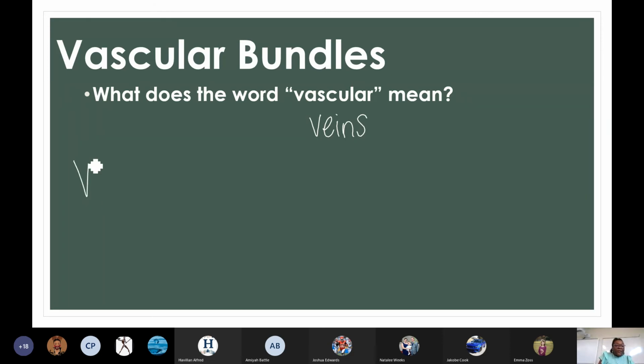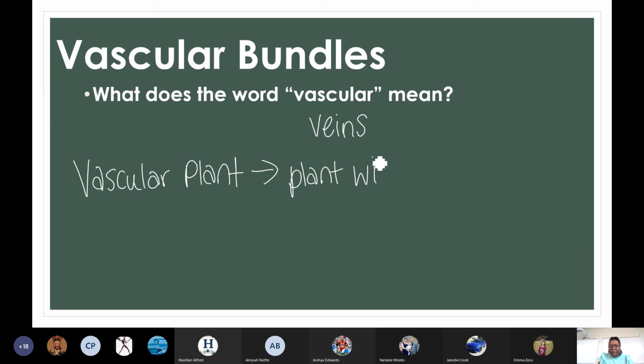So a vascular plant then would be a plant with veins. And I put that in quotation marks because that's the way I want you to think about it.